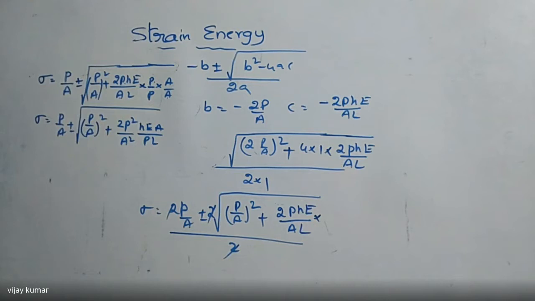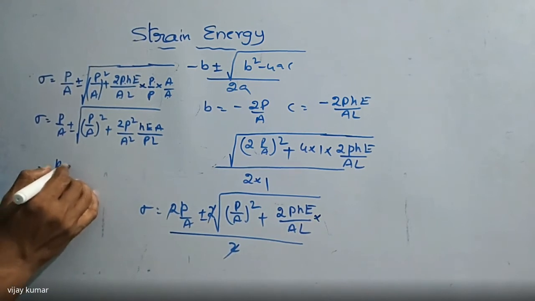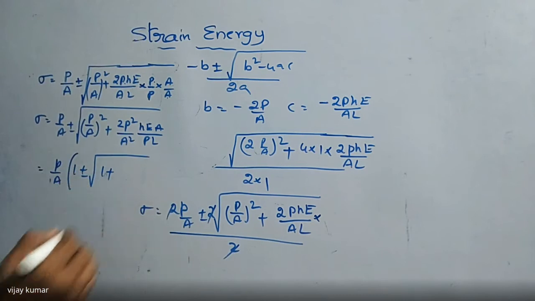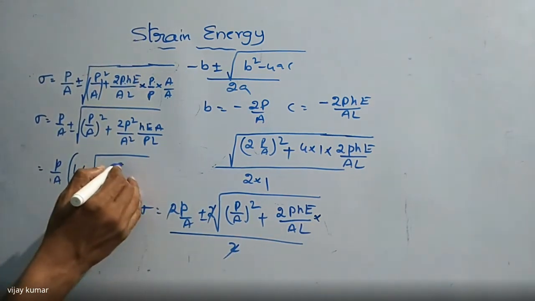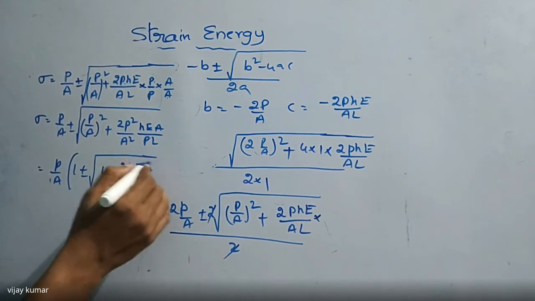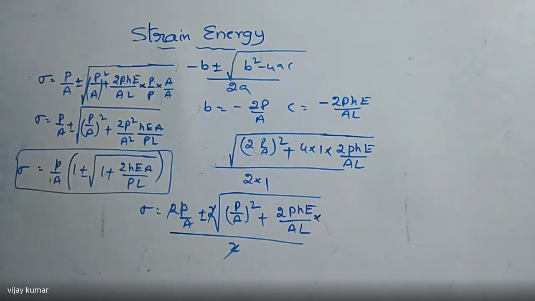Divided by how much? PL. Then I am taking P by A as common here. So we are getting 1 plus or minus square root of 1 plus 2 into H into E into A divided by PL. So this is the formula we are getting for sigma. Did you get the point or not?